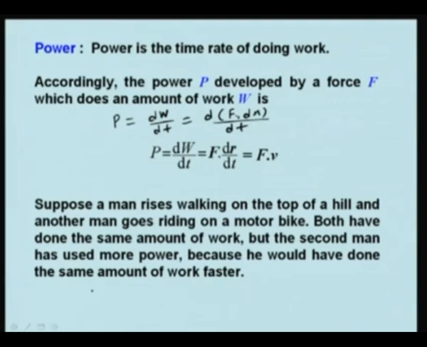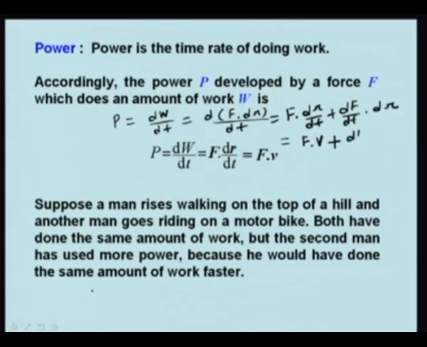We take F as a constant which does not depend on time, take it out, then you get F dot dr by dt. In case F is dependent on time, then this can be written as F dot dr by dt plus dF by dt dot dr. In this expression, F dot dr by dt can be written as F dot v.